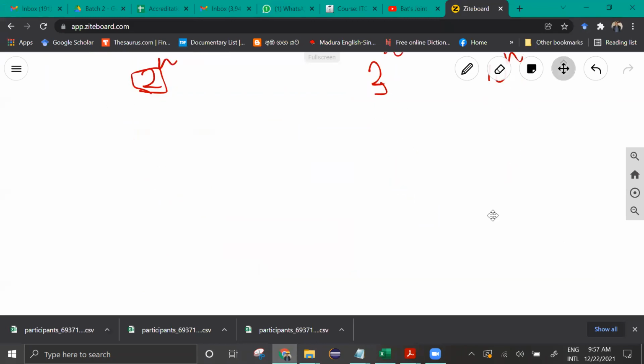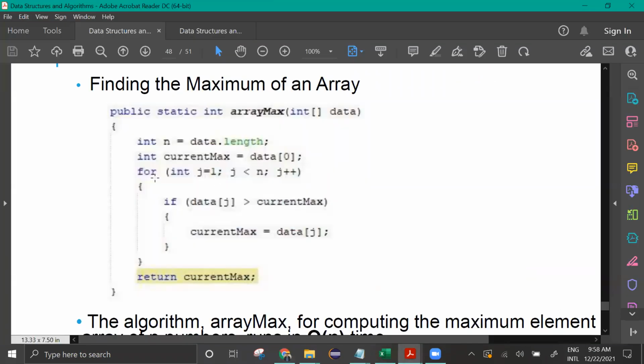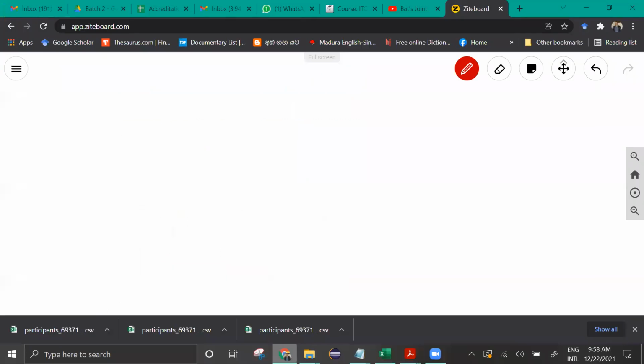Exactly. It goes from 1 to n. Actually, it stops when it is n, so basically it iterates n minus 1 times.